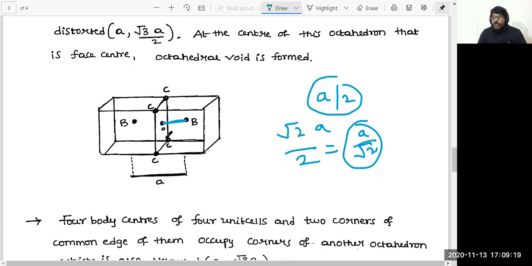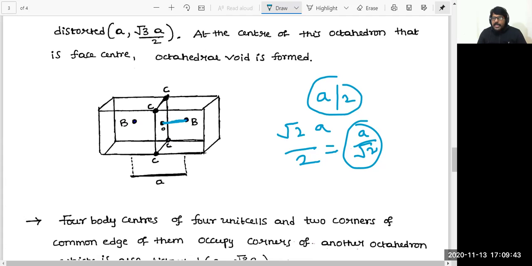We can say this is a distorted octahedral void. Not only that, the distance between this octahedral void and the body centered atom is a by 2, and the distance between the octahedral void and a corner of the cube is a by root 2. Not only in that way, there is one more point.